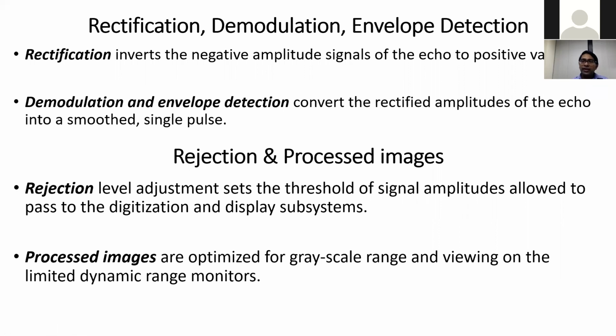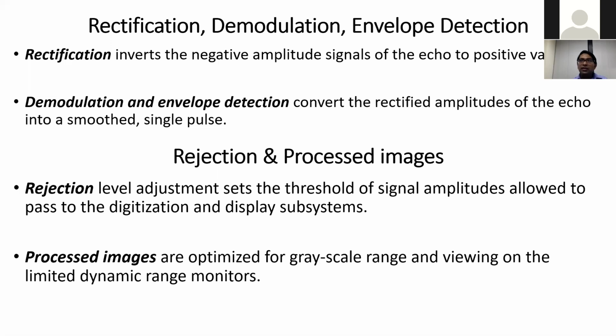rather than doing amplitude modulation, in which the amplitude changes reflect the changes happening in the medium, we rather convert it into frequency modulation, which means that changes in frequency reflect what happens inside the medium.